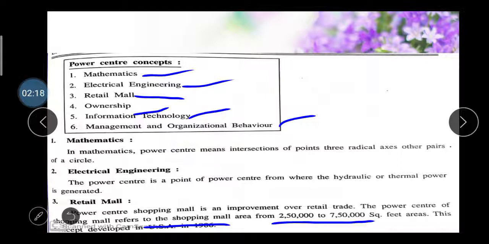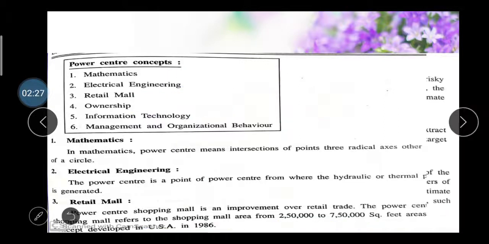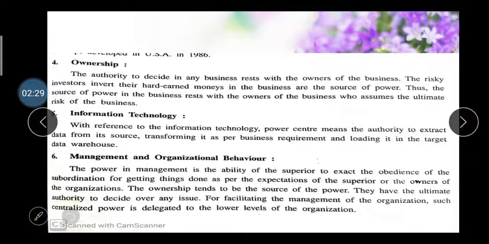So different types of power center concepts are considered. First mathematics, second electrical engineering, third retail mall, then fourth is ownership.